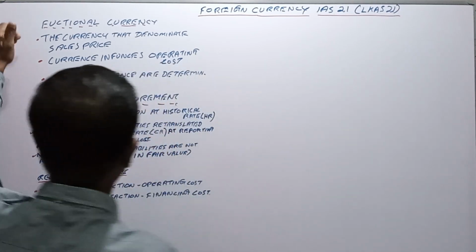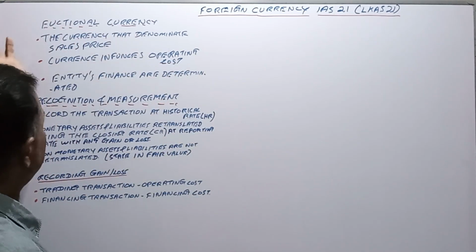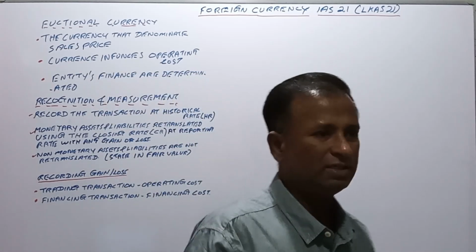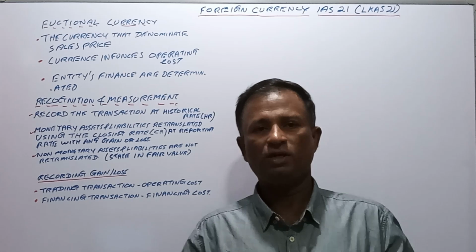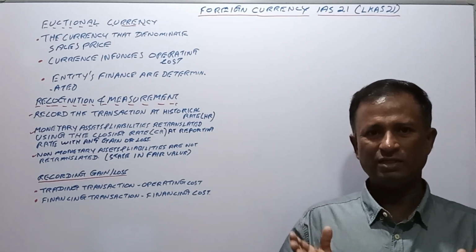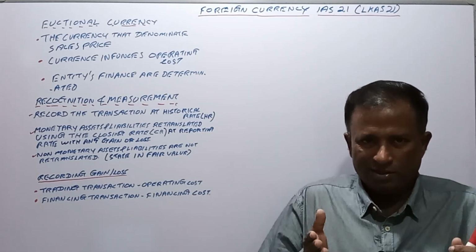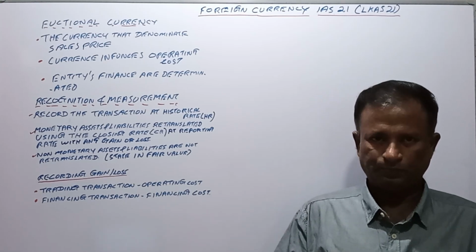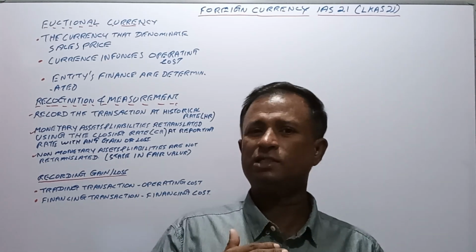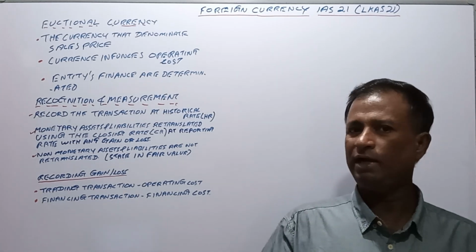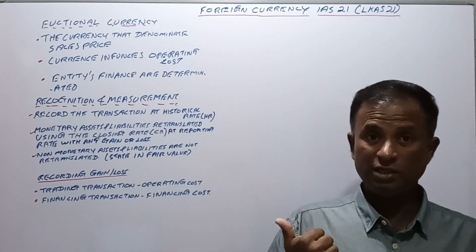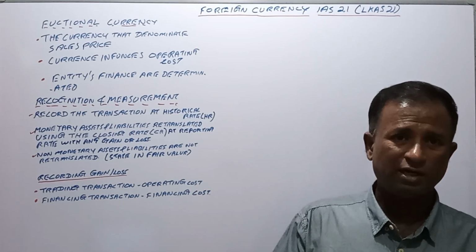The functional currency is the currency that denominates the sales price, right? We can say it is the currency of the sales invoices: in what currency we raise the sales invoices. Through that we can identify the functional currency.